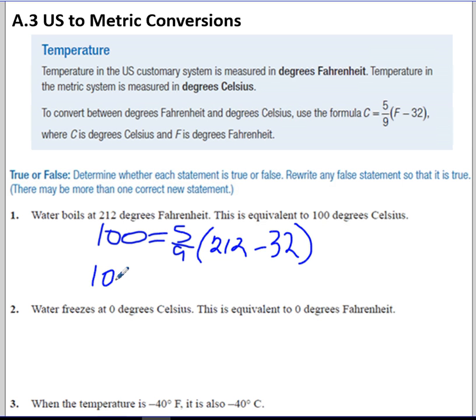So let's simplify, and we'll get 5/9 times 180. And when we multiply 5/9 times 180, we do get 100. So we get 100 equals 100, which is true.